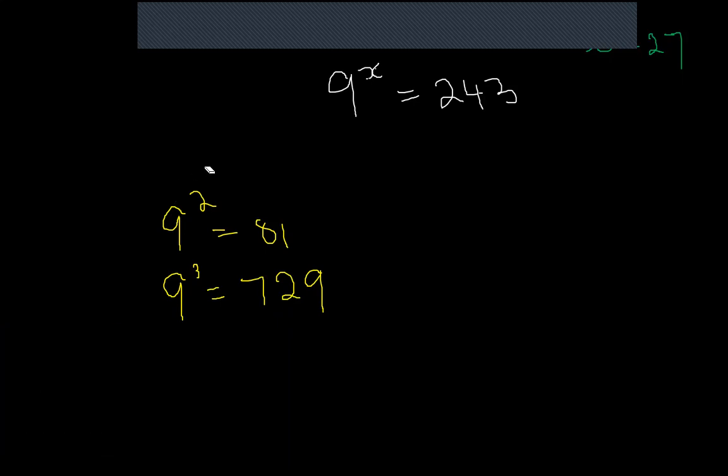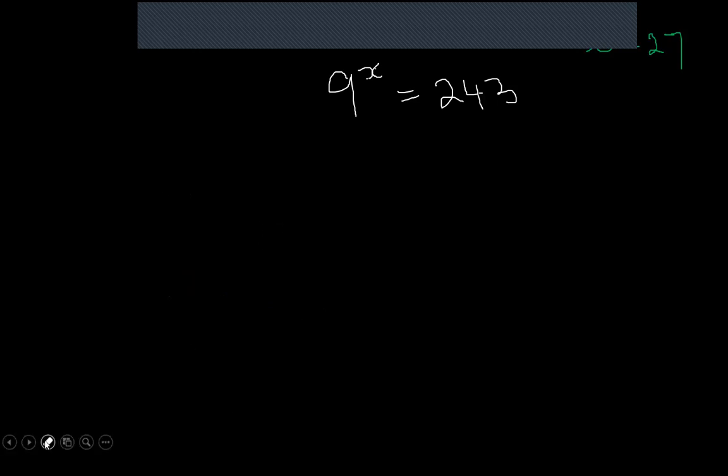So what base can I write both of them to? Miss, 3. So all of this you have to be thinking about when you're doing your question. So 3 squared is the same as 9. So I could say 3 squared raised to the power of x is equal to 3 raised to the power of 5, which is going to give me 243.